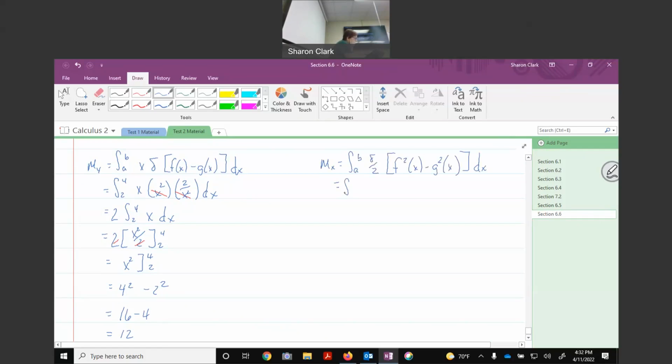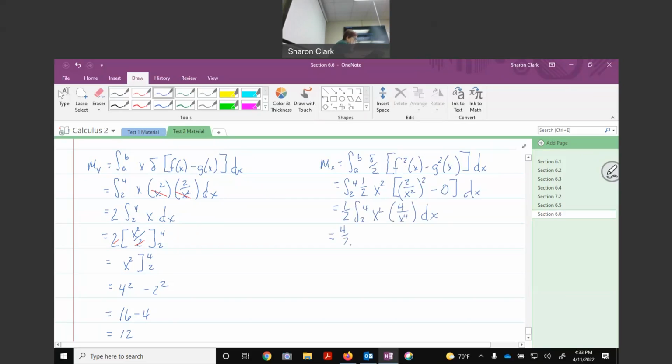So that's going to be the integral from 2 to 4 of 1/2 x squared, that's delta of x, times 2 over x squared, squared, minus 0 dx. So that's 1/2 integral 2 to 4 of x squared times 4 over x to the 4th dx.